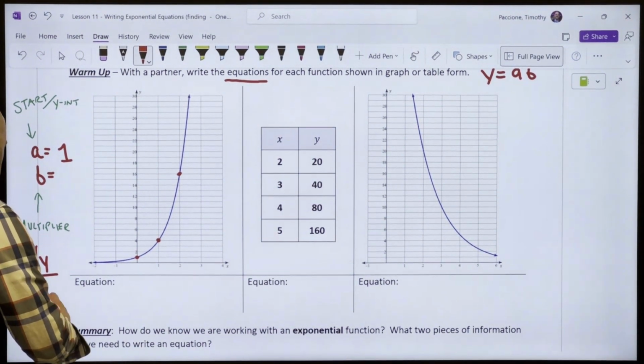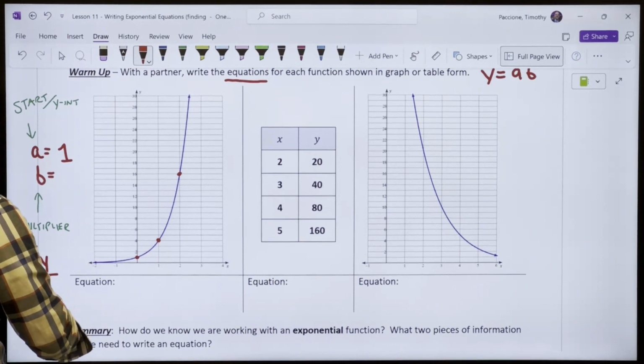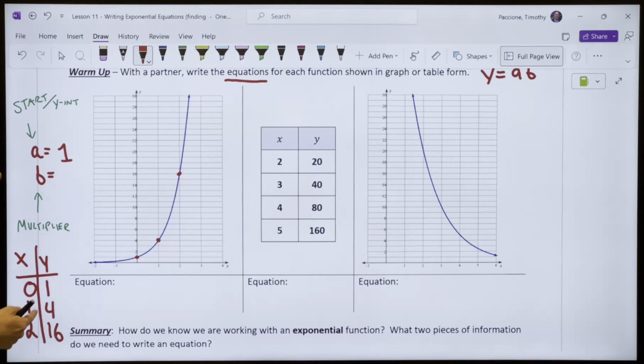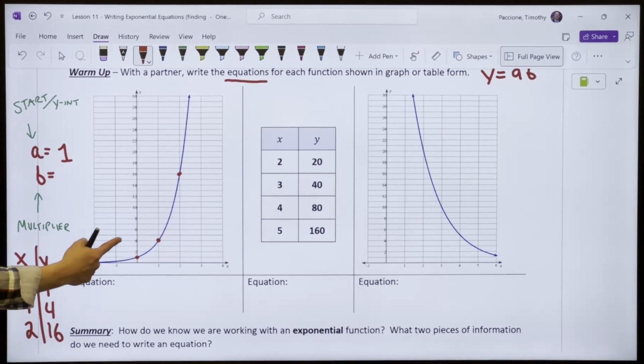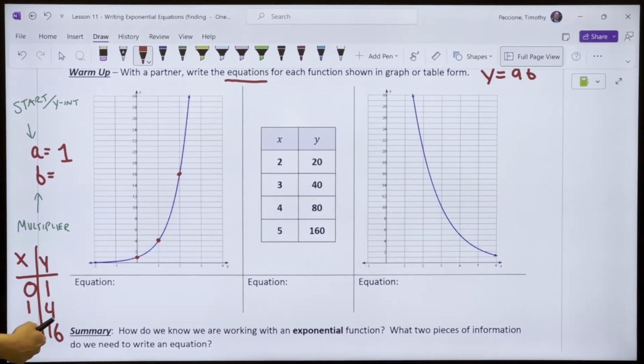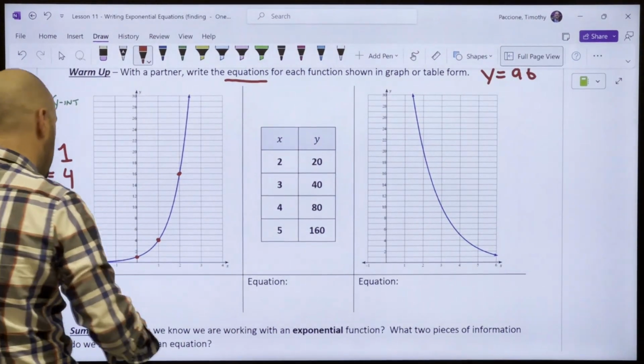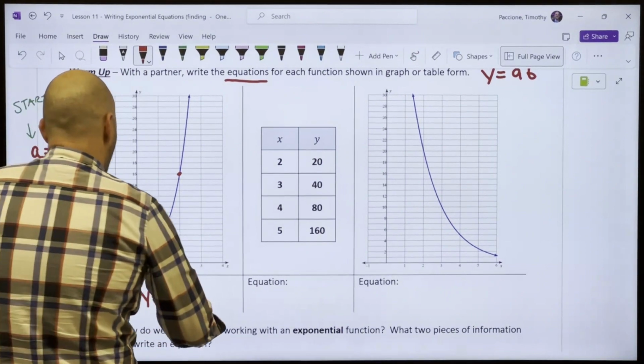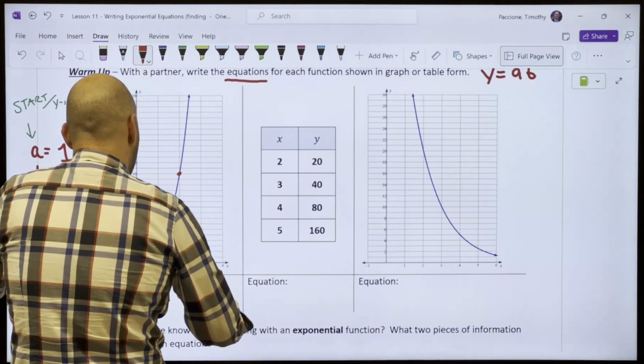It's more work, but sometimes more work is needed, right? It depends on the person, right? For some people, this makes a lot more sense than that because now they see the numbers and they go, oh, it's multiplying by 4 every time, right? Times 4, times 4. So my B is 4, and my equation is y equals 1 times 4 to the x.